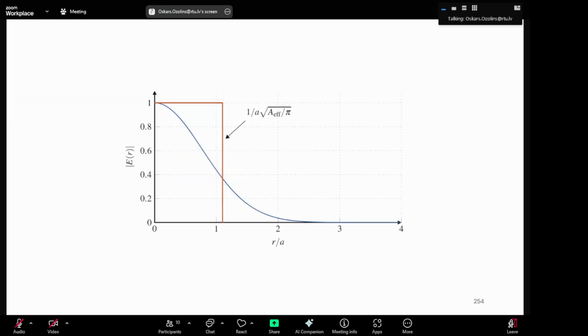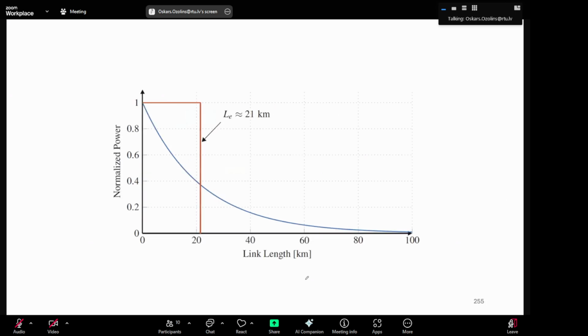Then the next thing we need to look into is how much light we have in the optical fiber. So it's like a field distribution in the optical fiber, and we can calculate the effective area of this fiber where the light propagates.